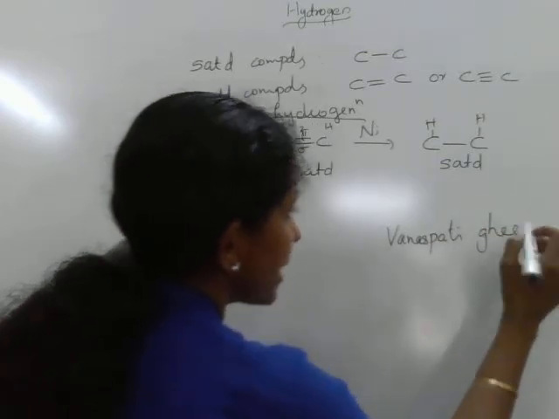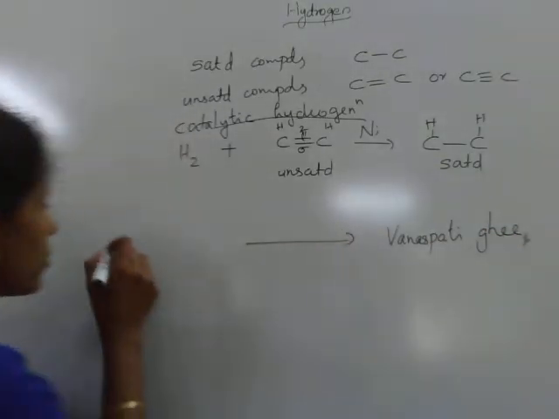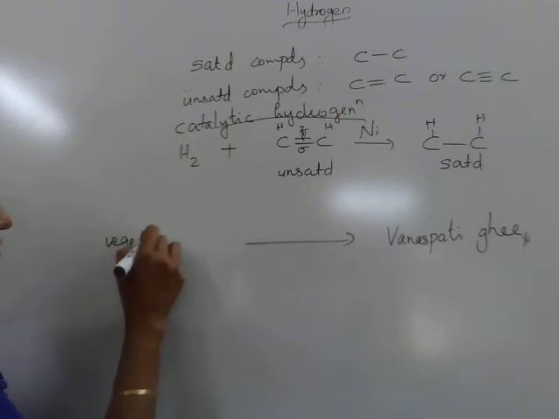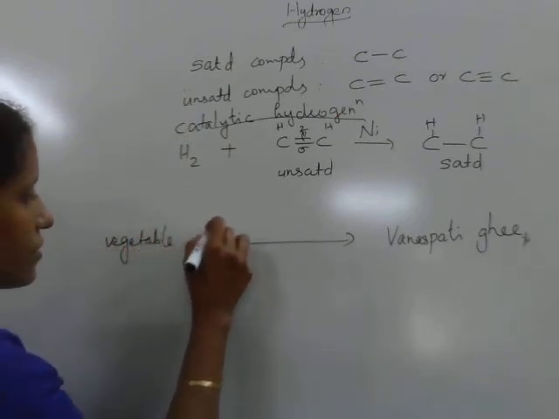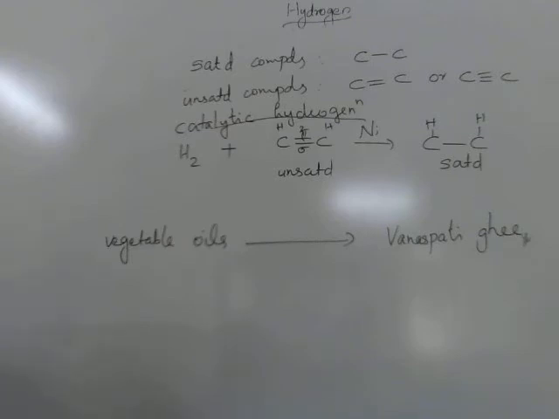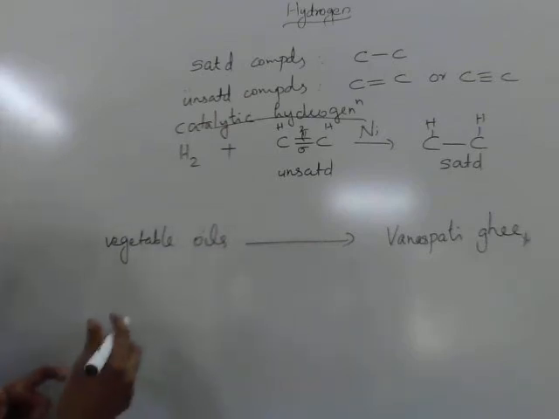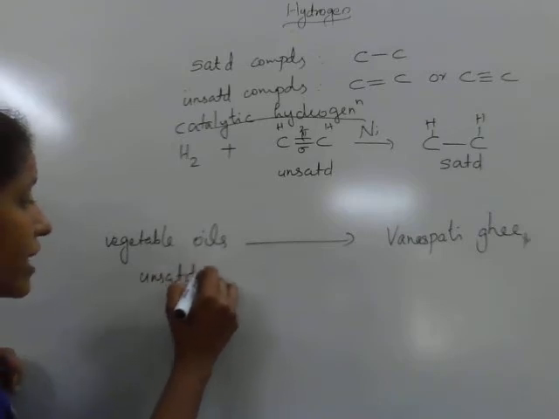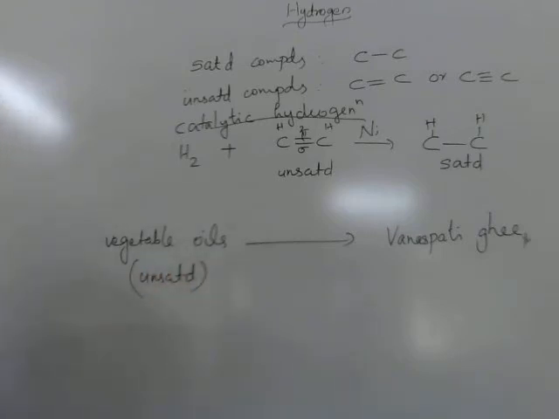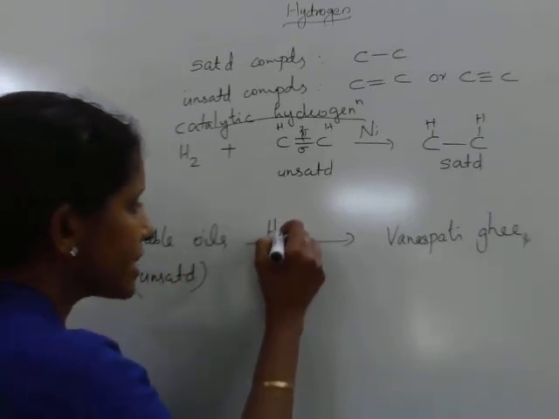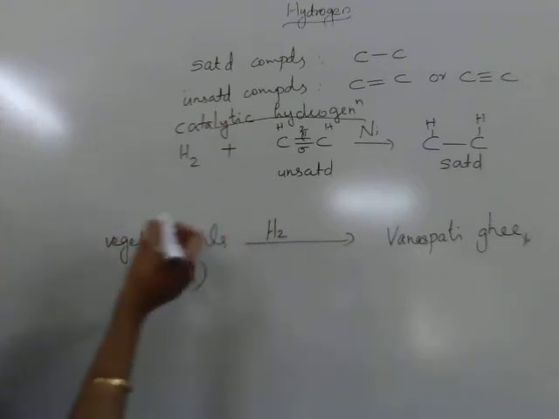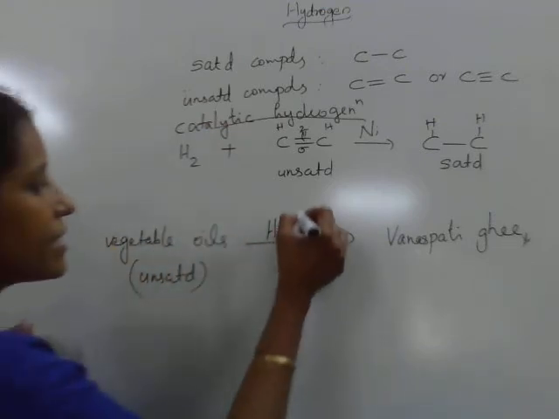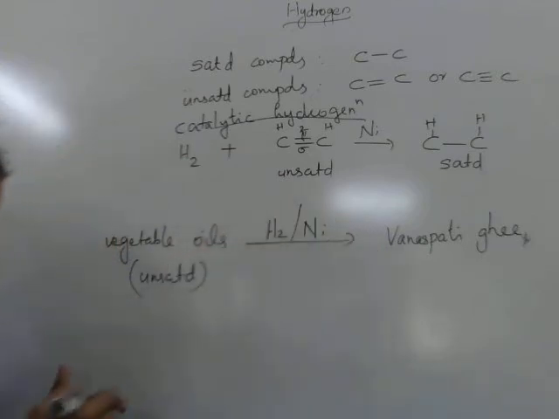Vanaspati ghee is made from vegetable oils, like soybean oil and cottonseed oil, which contain unsaturated compounds. These are hydrogenated, meaning hydrogen is added in the presence of a nickel catalyst.